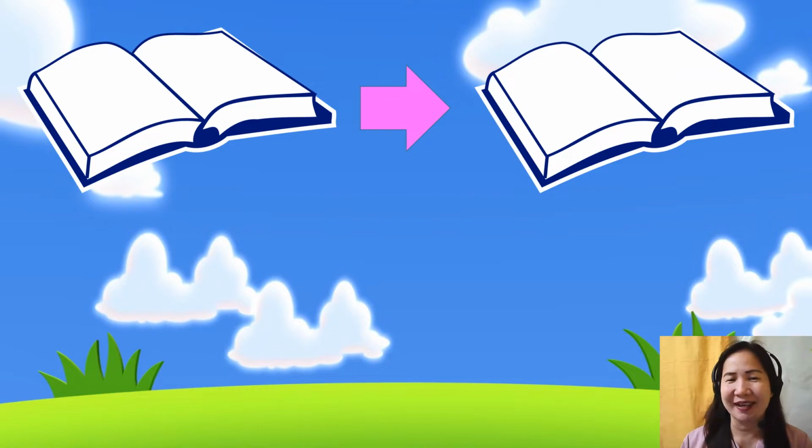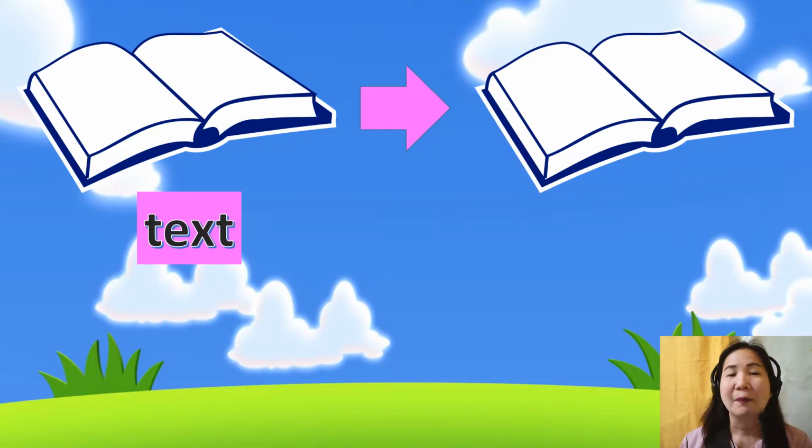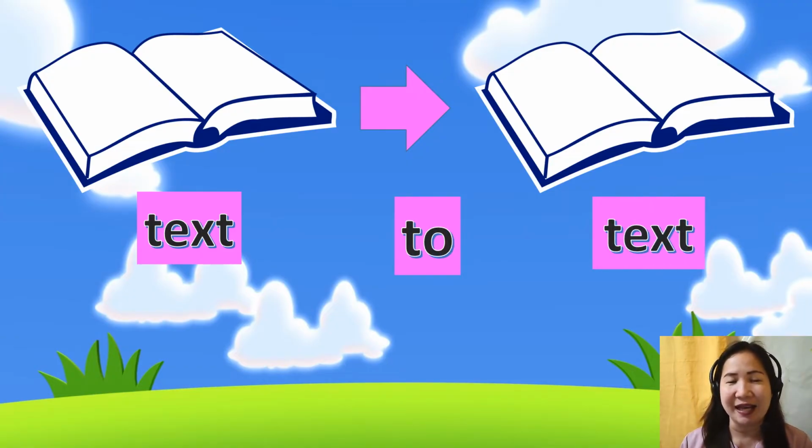What can you see in the picture? Correct. These are books. Now, what do you think the books symbolize? Okay, that's correct. That is the text. So it means that this connection is text-to-text connection.